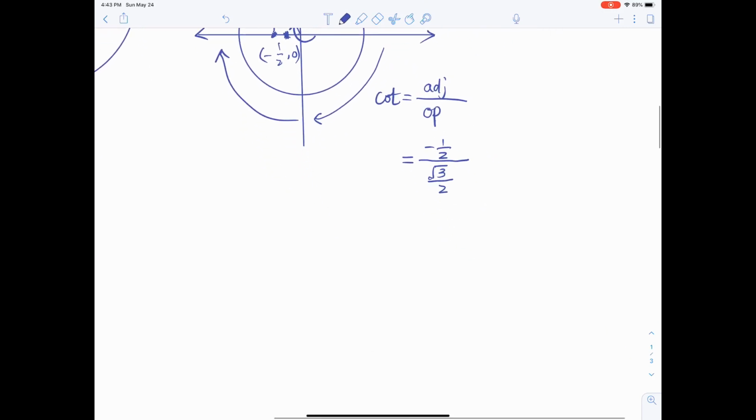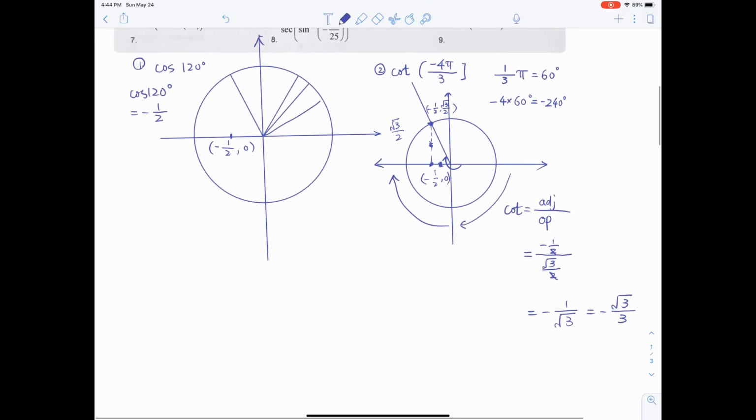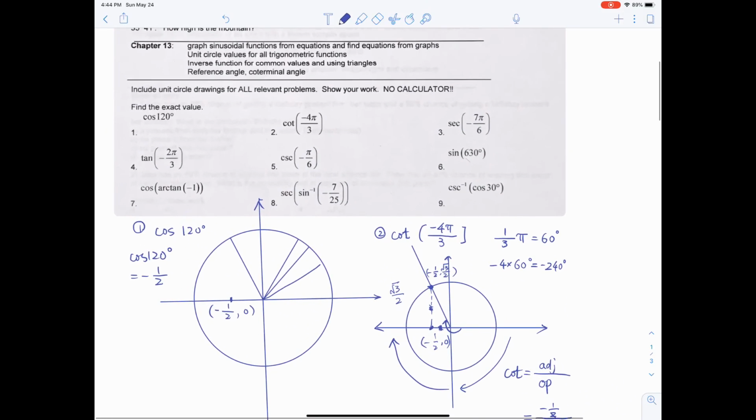That is much easier for us to see. So it is negative 1 over root 3, so negative root 3 over 3. And that is it. Did I make it clearer or more complicated?